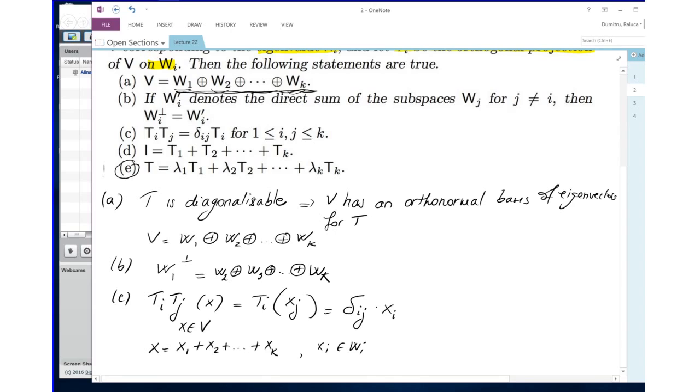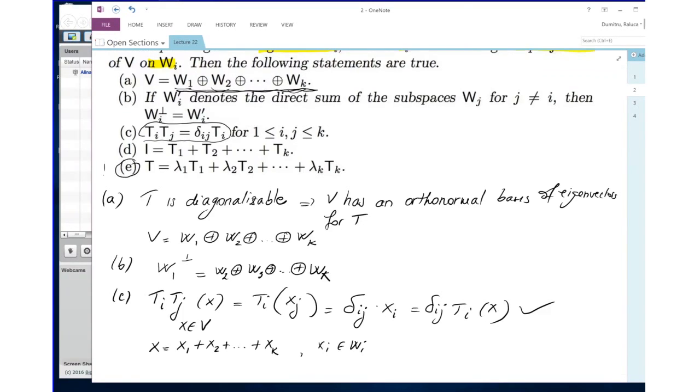When i equals j, you just get xi. But xi is Ti of x. And that's exactly what part C says. Now Tij is in fact delta ij Ti.